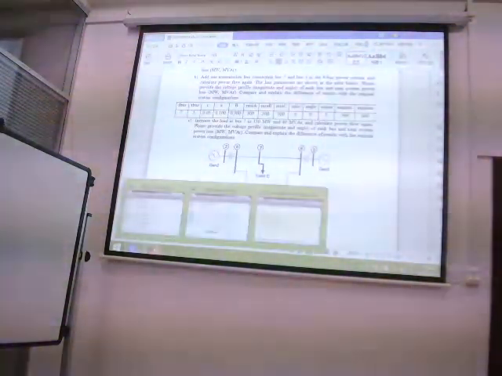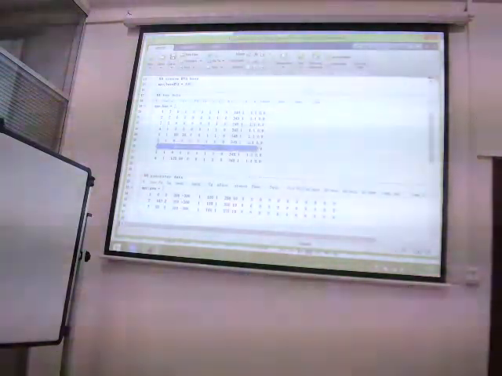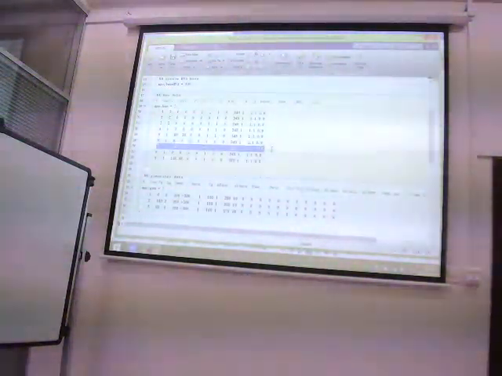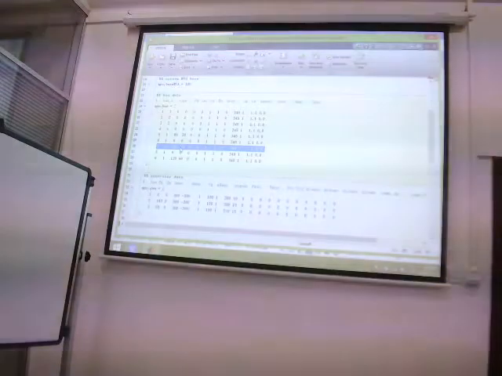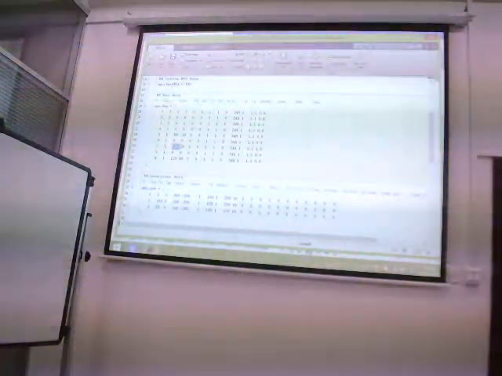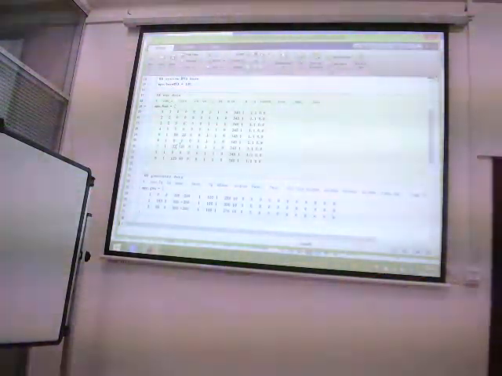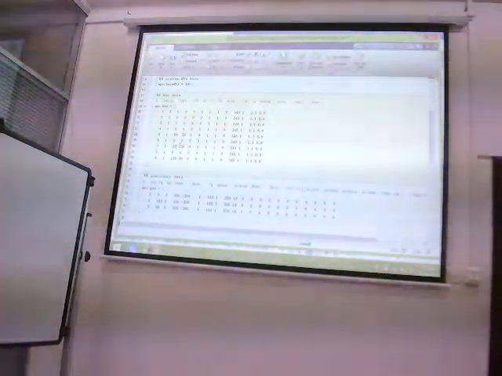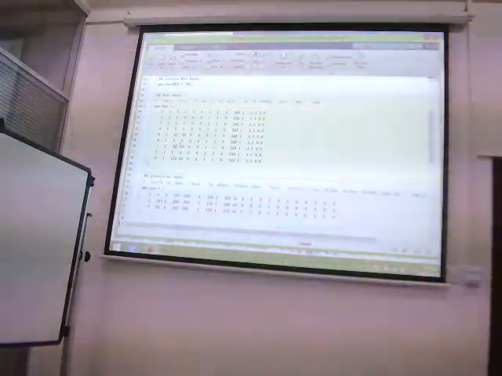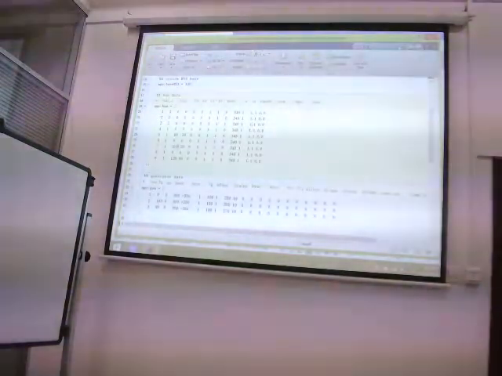Now I will show you how to change the profile. We have to change the profile here in bus 7. We change the active and reactive load demand here. Change the value from 100 to 330. This PD is the real power.